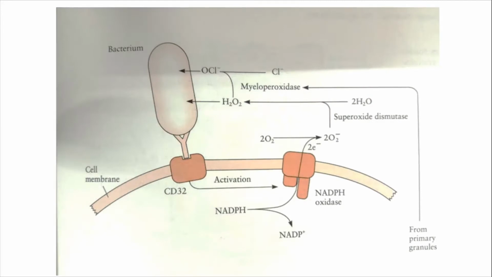This is the secondary granule digesting the bacteria. This is a bacterium or antigen, and the antigen binds to the neutrophil membrane. As you know very well, CD32 is a specific kind of receptor that receives the antigen.